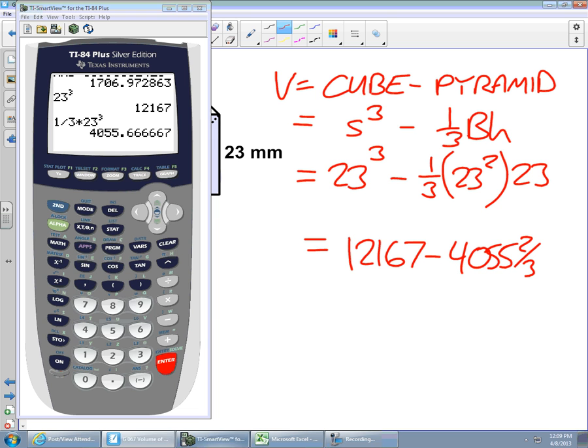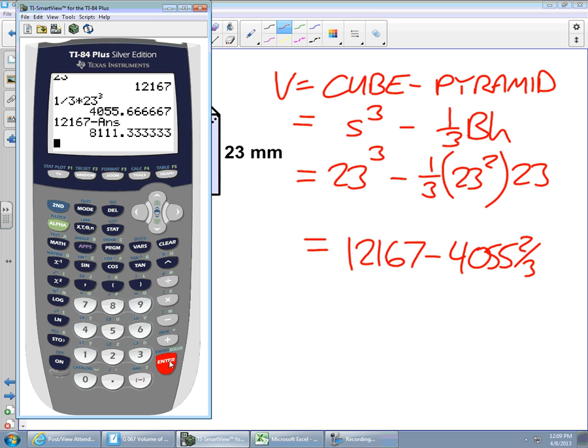And then we can subtract those away from each other. 12,167 minus the answer that I just got. That'll keep me from having to worry about all those decimal points. And we end up with 8,111, and what's 0.3 repeating? 1/3. There you go.